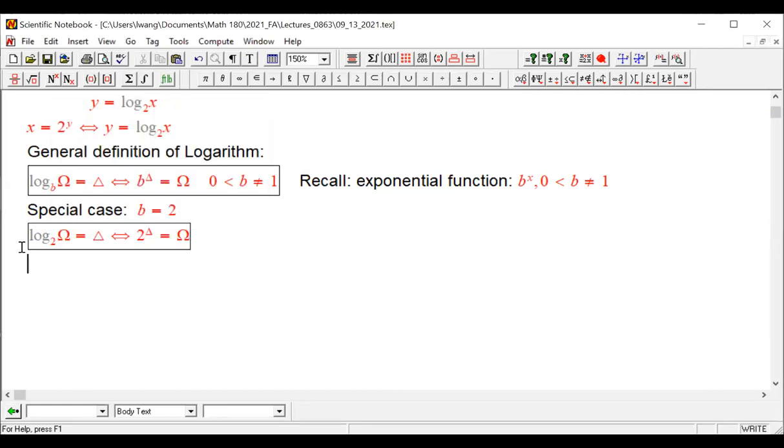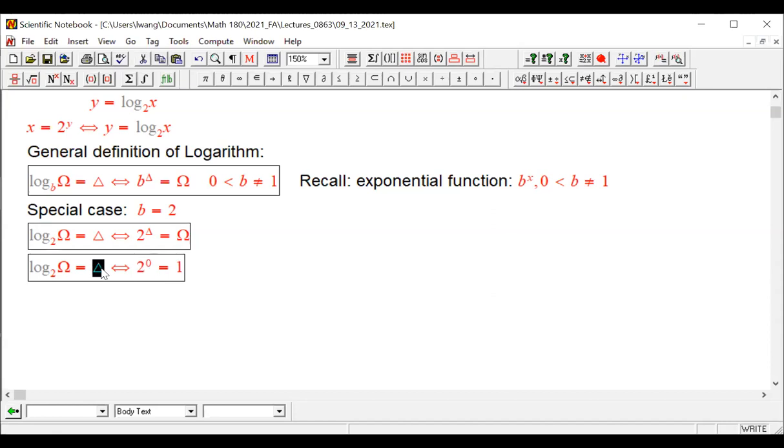Forget about the table. In one of the cases, 2 to the power of 0 equals 1.